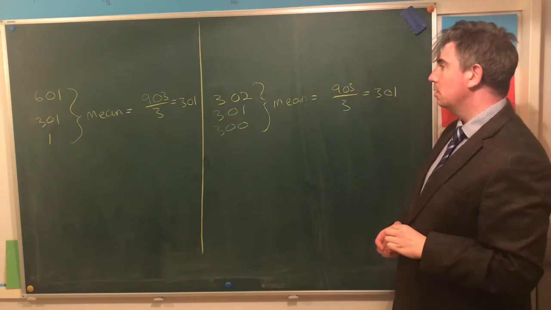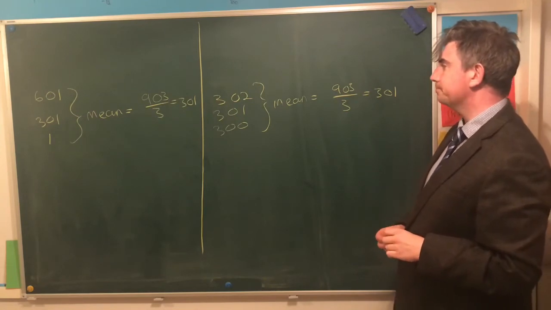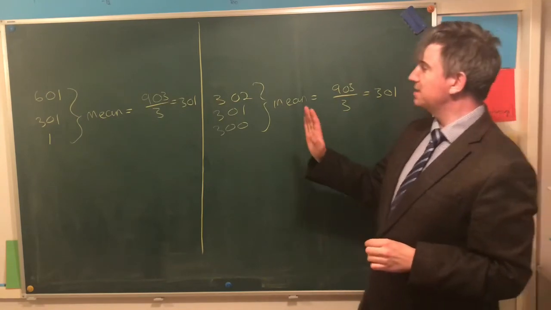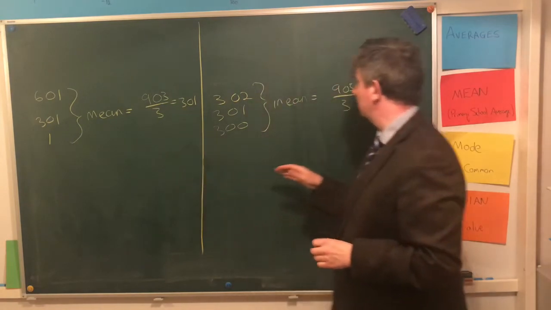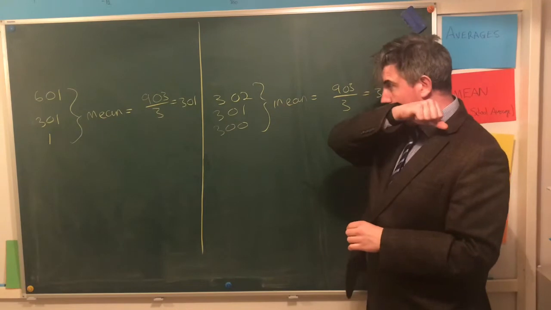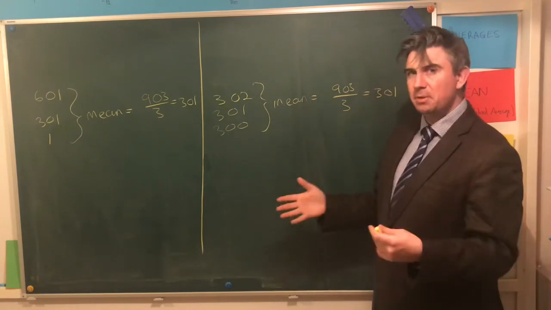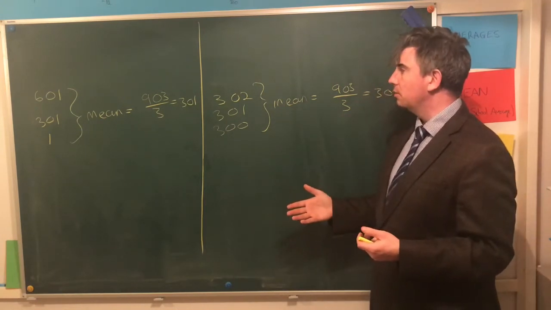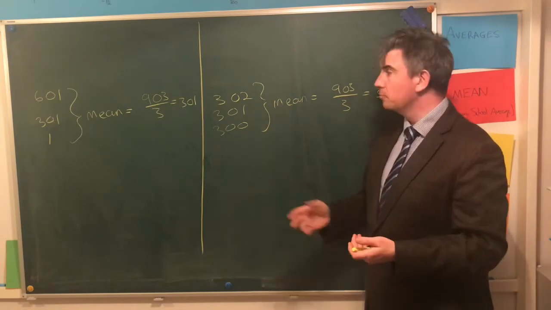Okay, but if the mean of that data over there is 301, and the mean of this data is 301, both of those two things are communicating, as they currently stand, the same piece of information, that the mean of this data set is 301.